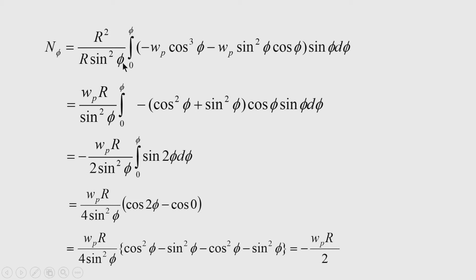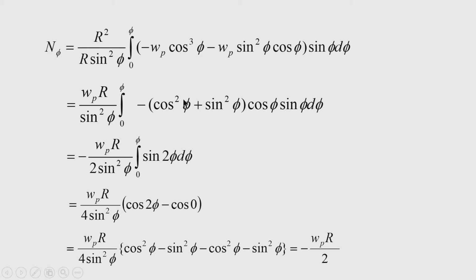I am showing you the full integration. So, this is r square divided by r sin square phi, and then integration 0 to phi, and this quantity actually I have substituted here for the radial component and the component along the phi direction, and after substituting, the expression is converted in this form.